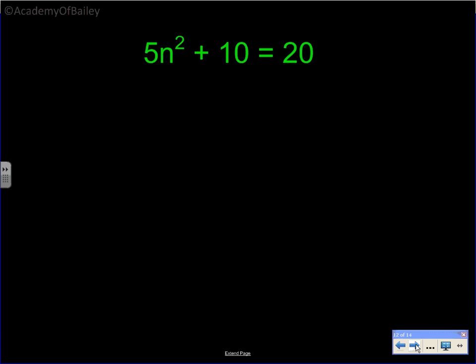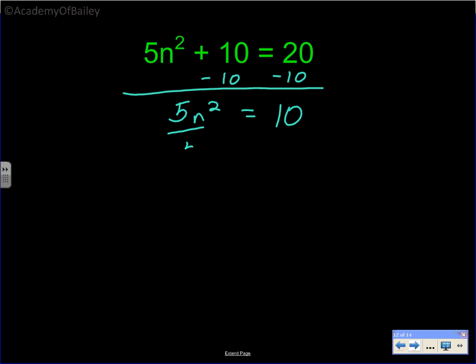Go ahead and work this one out. See what you can do here. I'll work it out in one moment. We're going to minus 10 from both sides. 5n squared is equal to 10. Trying to get n by itself, so we divide both sides by 10, or I'm sorry, divide both sides by 5, and those cancel.